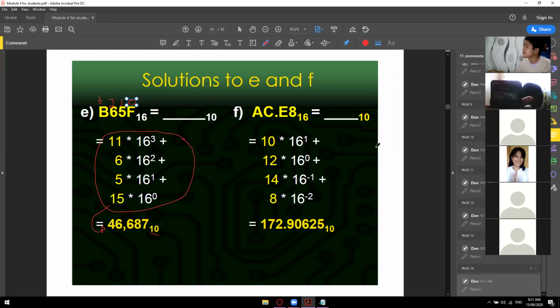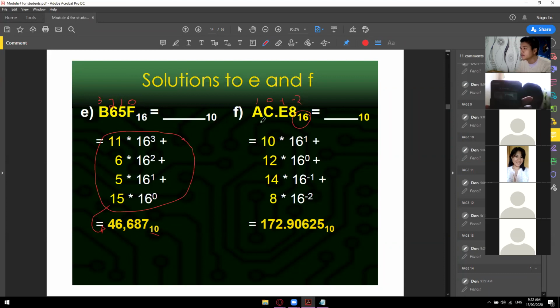And then same process with this one. So ito naman is may decimal lang. So letter A, again, from hexadecimal to decimal is 10. C is 12. E is 14. And then 8 is still 8. So same pa rin yan. So multiply everything to 16 since ito yung base natin. And then sa power nila magkakatalo. So 0 to, 1 to, negative 1, and then negative 2.